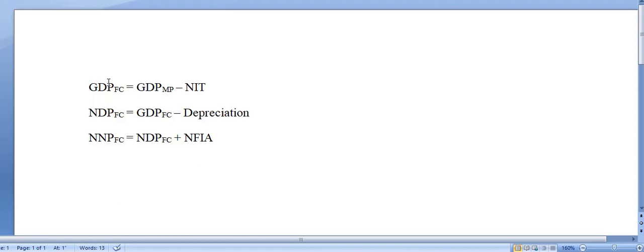The second letter will tell you whether it is domestic or national. If it is D, it is domestic. If it is N, that is national. The third letter will be the same, it is PPP.